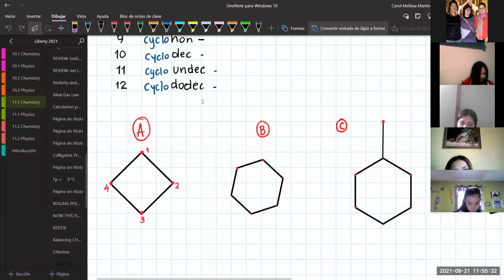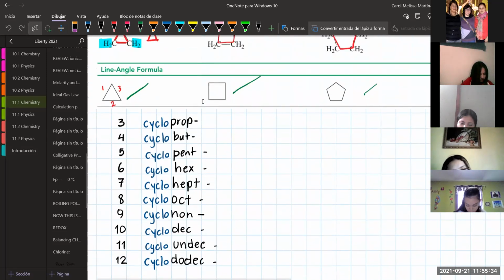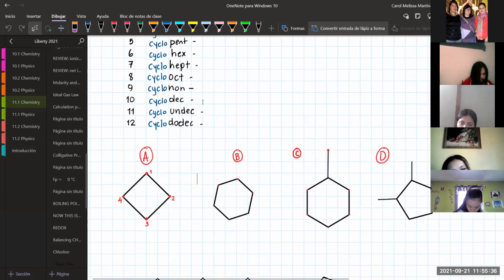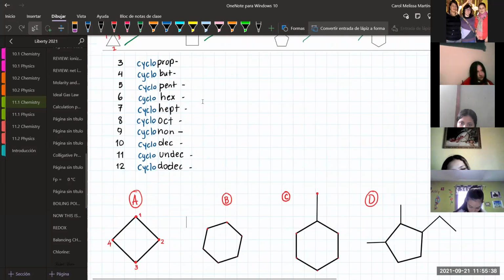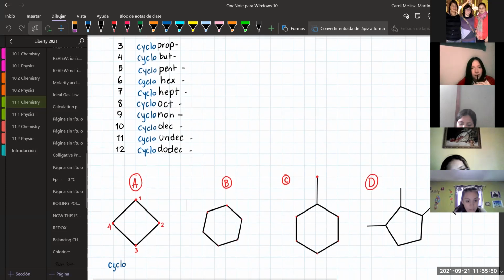What is the prefix that we use for 4 carbons? What is going to be the name?